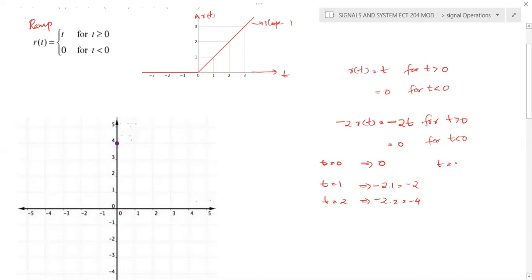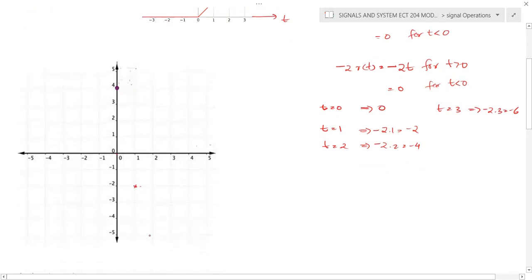And when t is equal to 3, it becomes minus 2 into 3, which is minus 6. So you'll get a line going in this particular direction, a line with slope minus 2. So this is actually minus 2 into r of t.